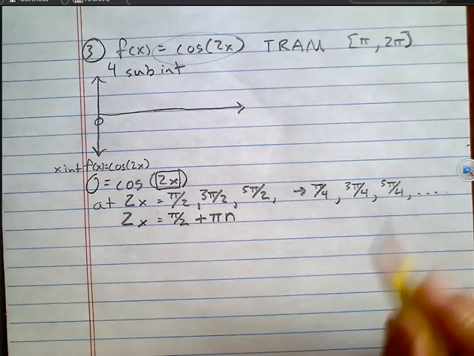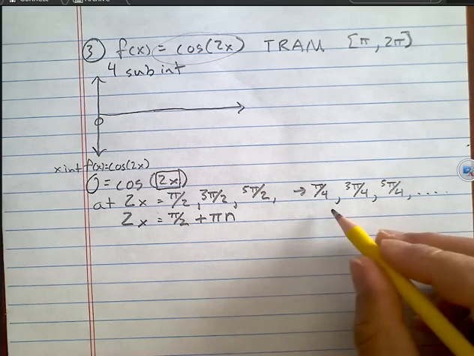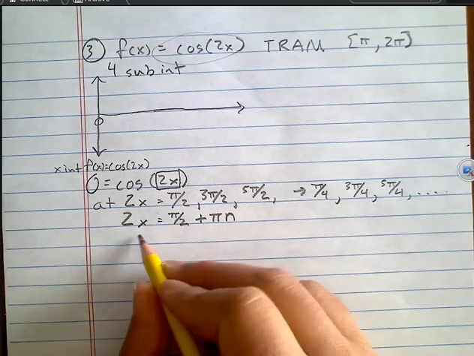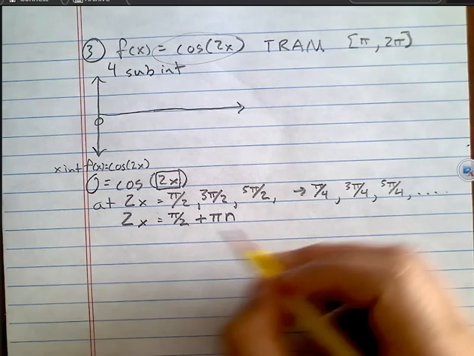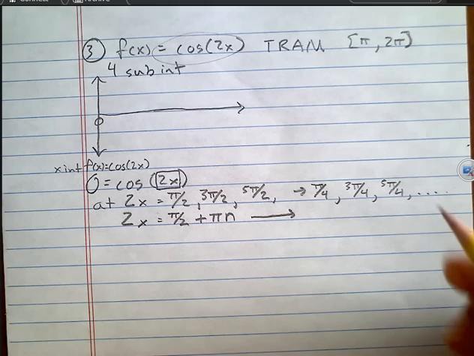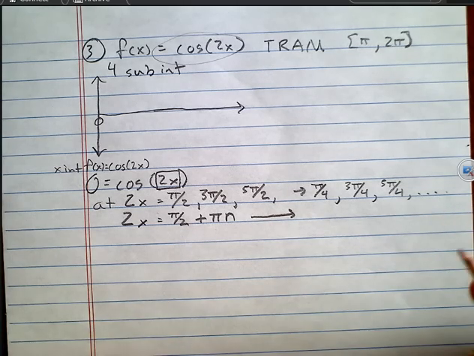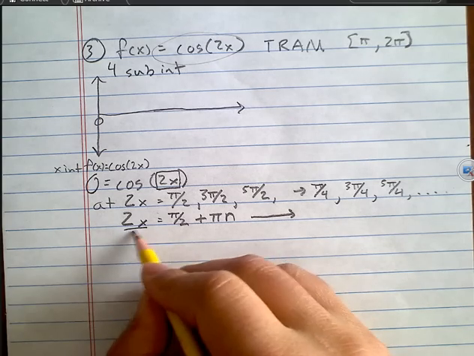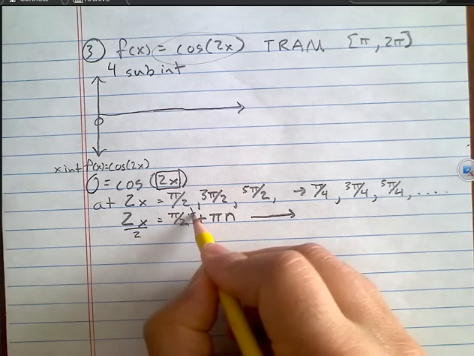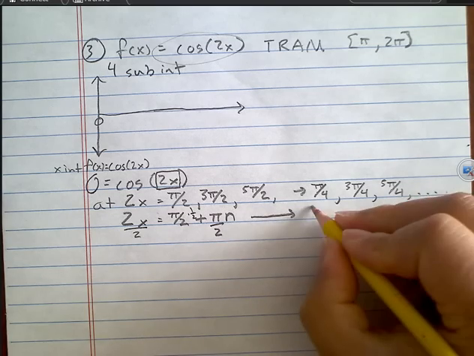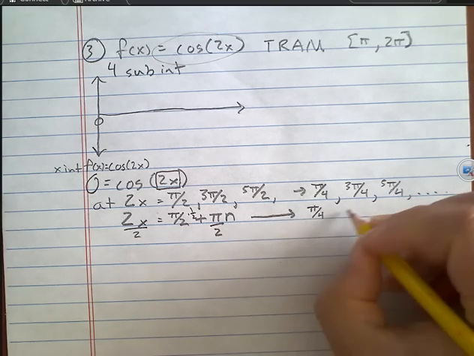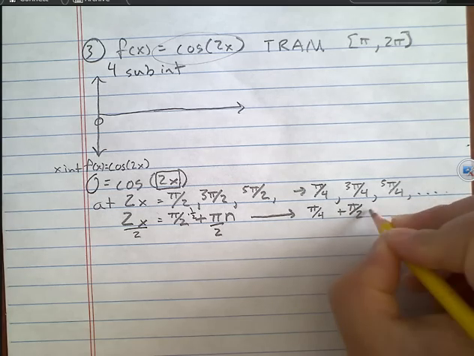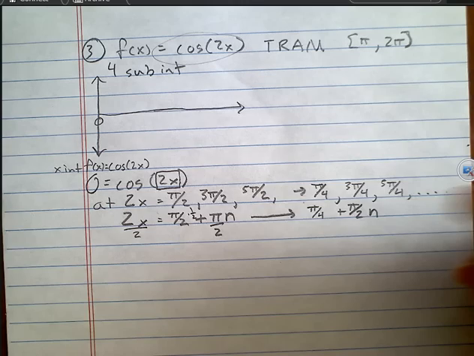You really could just go back and use the formula, and you don't have to do this if you use your calculator. But if you don't have a calculator, this is what you have to do. Divide both sides by 2, which is the same thing as times a half, so that's pi over 4 plus pi over 2, which is 2 pi over 4. And so that's the x-intercepts.